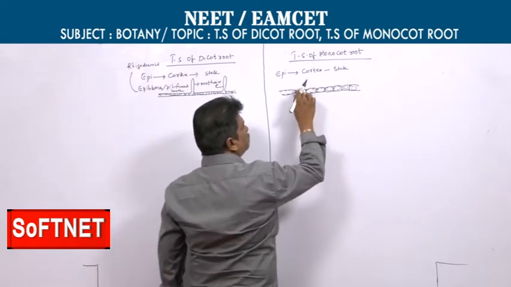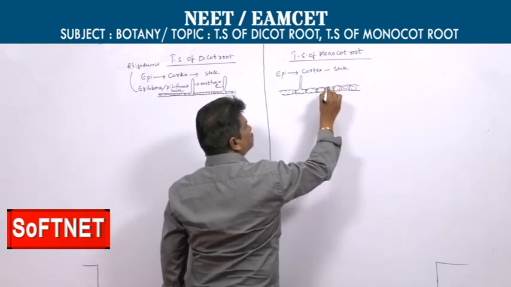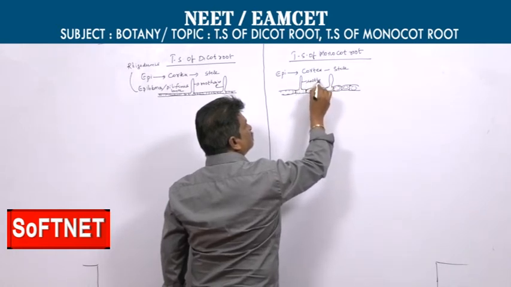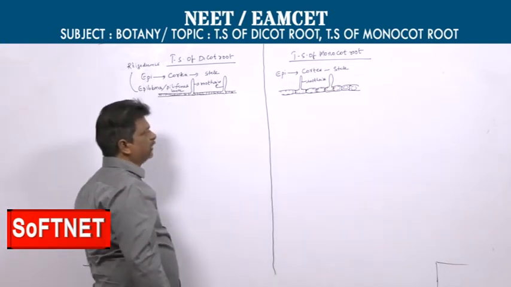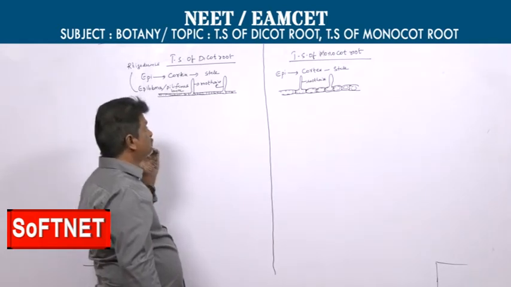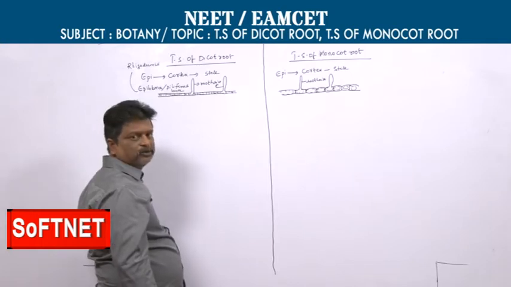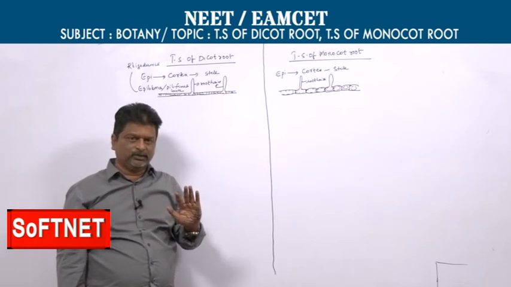The smaller epidermal cells produce extensions called root hairs. Cells developing root hairs are called trichoblast. Due to root hairs, root epidermis is called epiblema or piliferous layer or rhizodermis. So dicot and monocot root have the same characters.